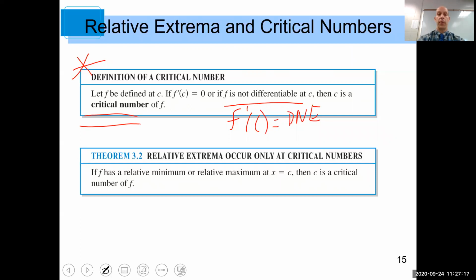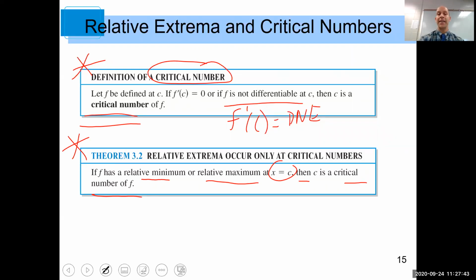Now, why are critical numbers important? Well, that's by theorem 3.2, and here's what it says. If f has a relative min or a relative max at x equals c, then it had to happen at a critical number. In other words, if you're trying to find relative extrema of a function, the first thing you need to do is determine the critical numbers.